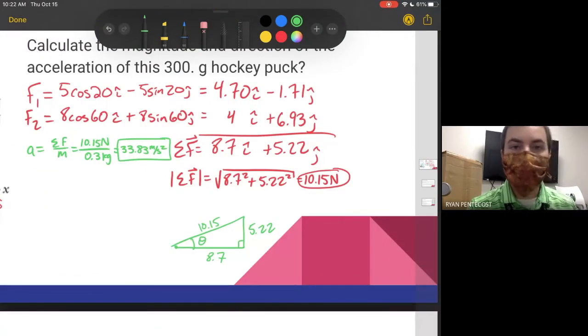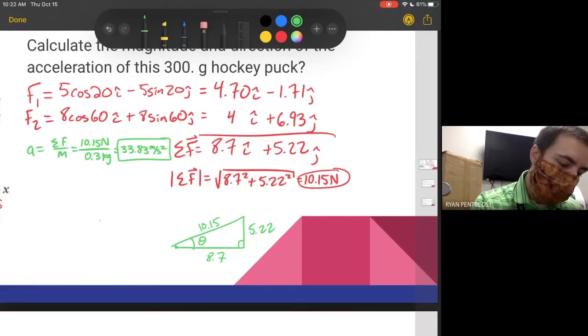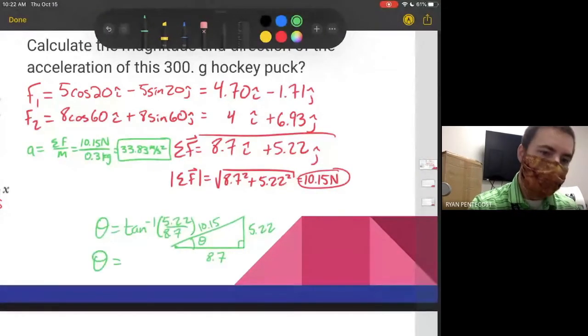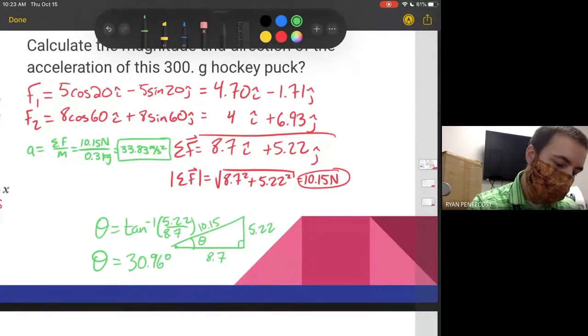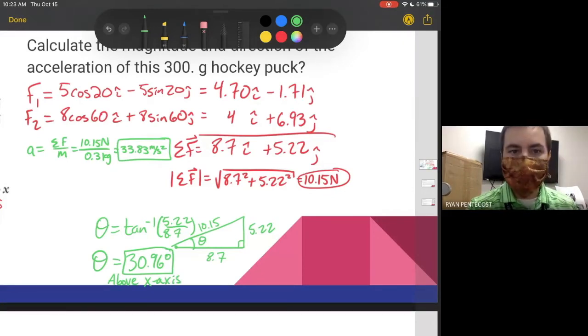Since we have all three sides, you could use cosine or sine also, but most common way to do this is a tangent inverse. You would do opposite over adjacent, so you've got 5.22 divided by 8.7. So that theta comes out to be about 30.96 degrees. And you would tack on above the x-axis to give it that true direction.